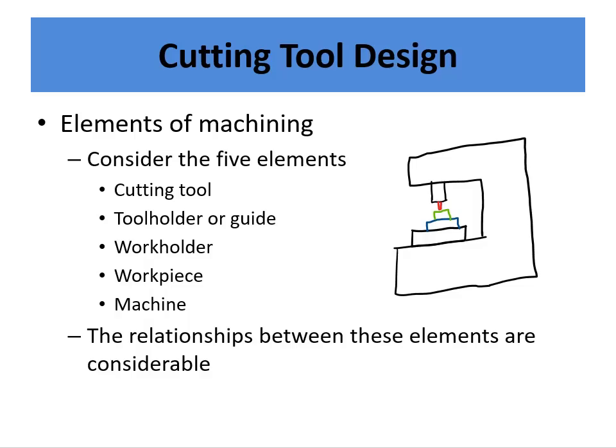Okay, so in our example here, in our fictitious example, so we have from the tool, which is the red one, to this green part, which we're going to call is the workpiece, you have this chain. So the tool goes to the spindle, which goes to the machine.